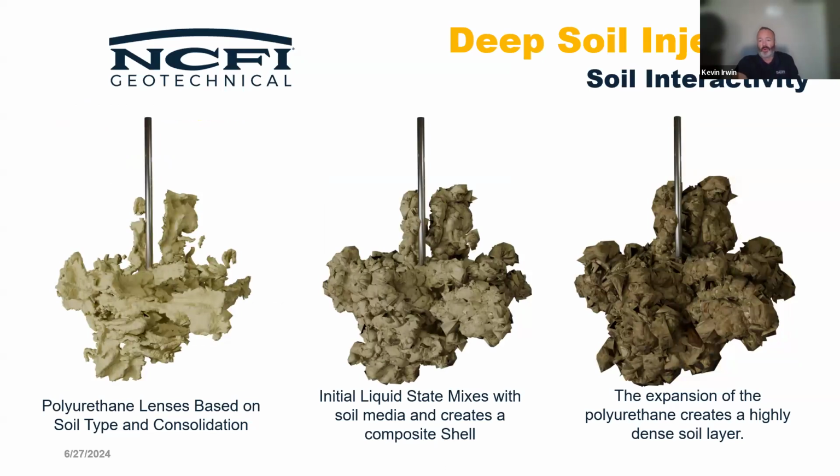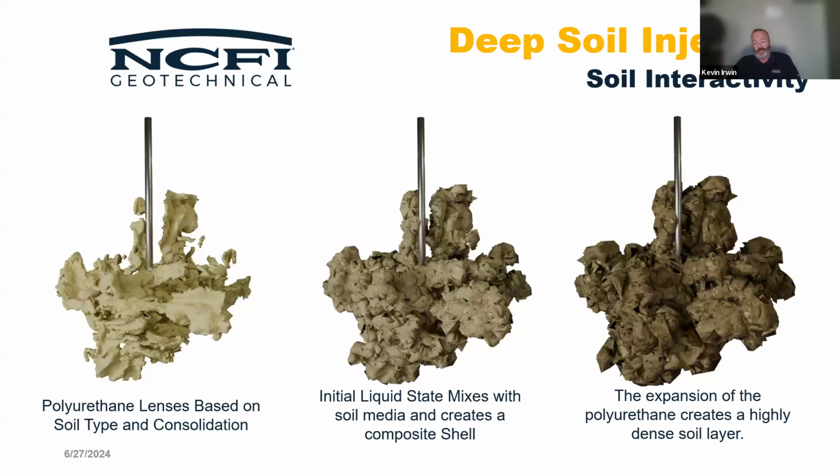So a little bit more on the soil interaction. The polyurethane foam, when you inject it underground at the end of a tube, I used to think of it as a sort of ball of foam, and that is not at all what it tends to look like underground. There's been many times this has been excavated and looked at, and it's very clear that it is a product of opportunity.